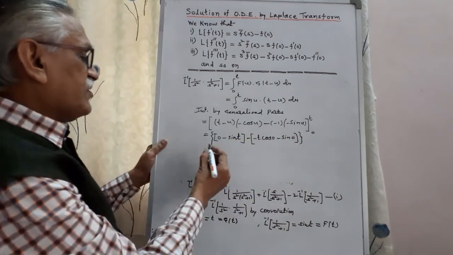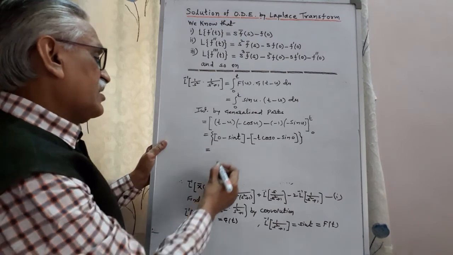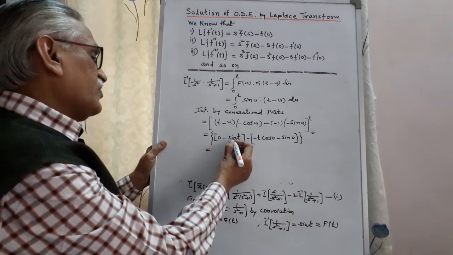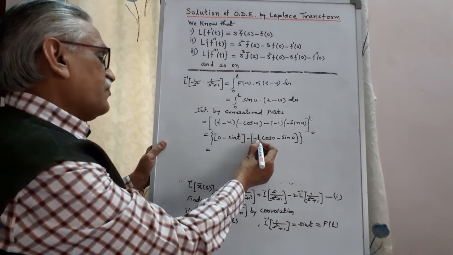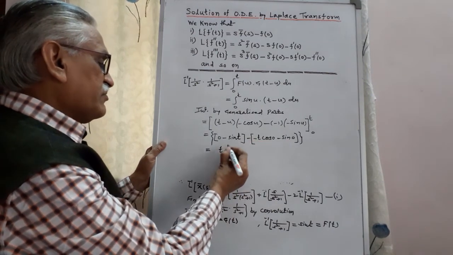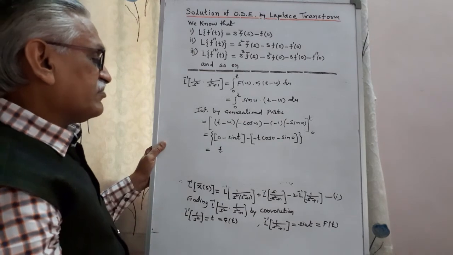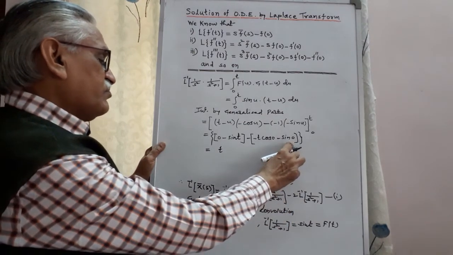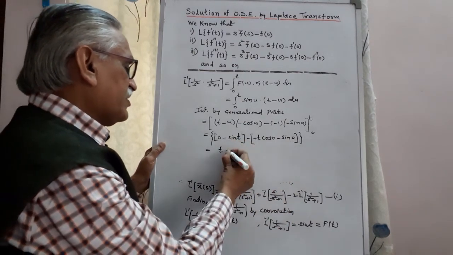And therefore, if you simplify it, I will write down the first term as positive, minus minus becomes plus t cos 0, which is 1, sin 0 is 0, and this one is minus sin t.